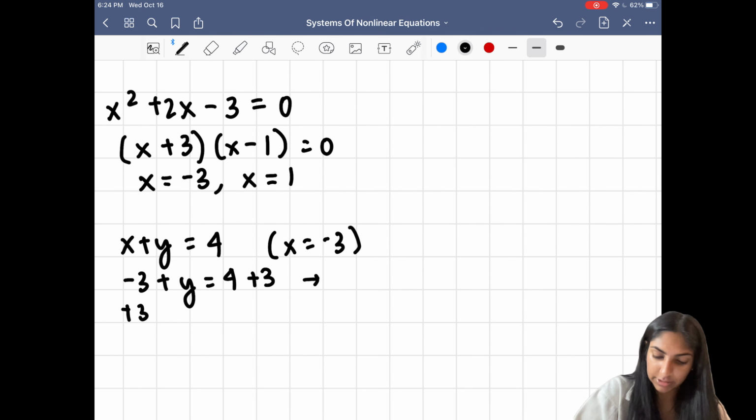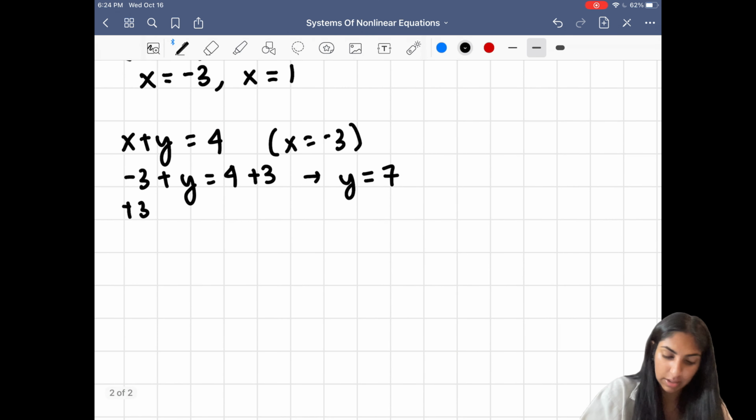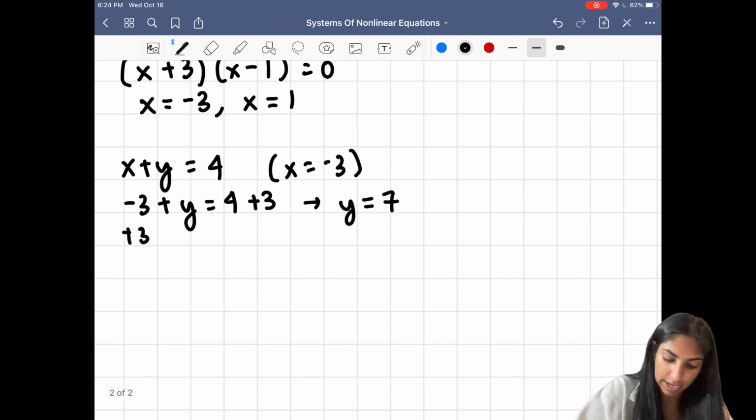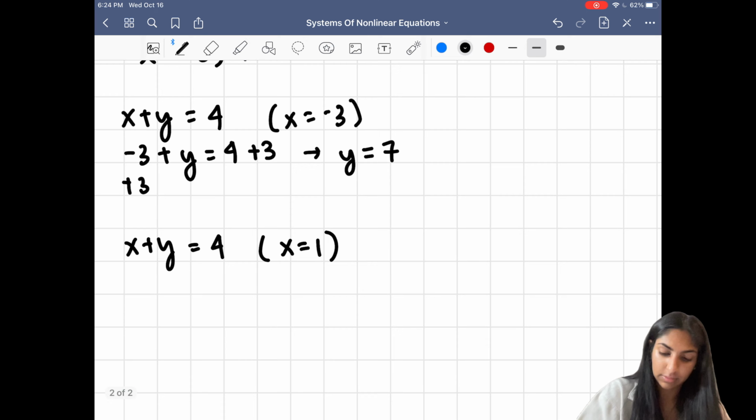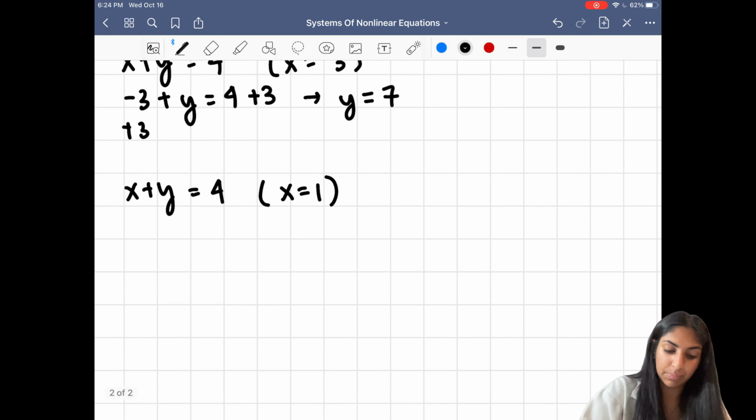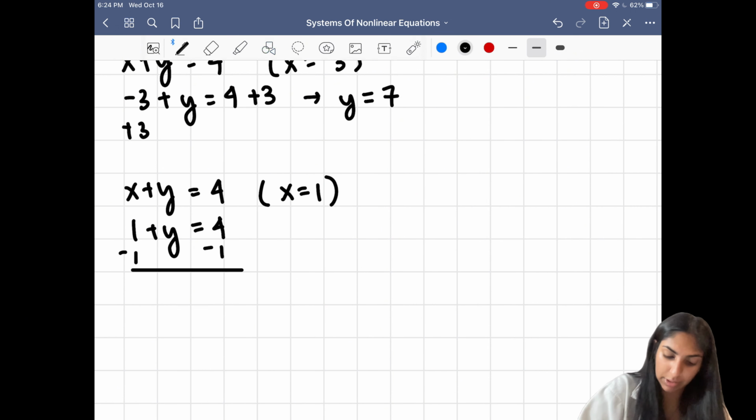So y equals 7. And we can also say that x plus y equals 4 for x equals 1, and so this can be rewritten as 1 plus y equals 4. You subtract 1 from both sides, and you'll get y equals 3.